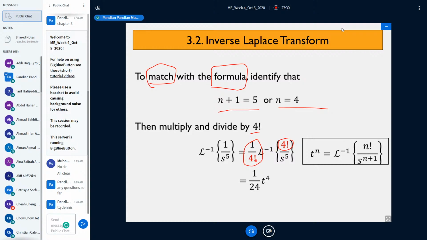If you don't put 4 factorial here, your answer will be incorrect, because this is n factorial, and you said n is 4. So s power 4 plus 1 is 5, no problem, same. But here you have to put 4 factorial, and if you put 4 factorial, you must divide by 4 factorial. So what is 4 factorial? 24. So the answer is 1 over 24 t power 4.